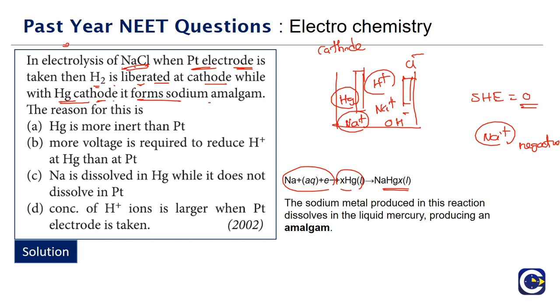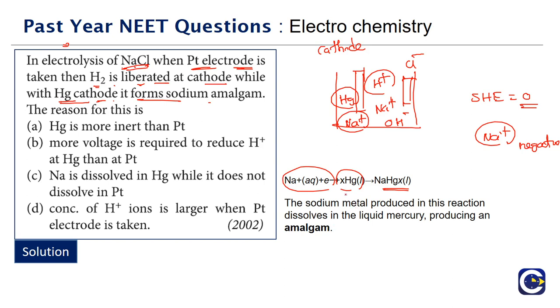Now the reason why this would happen is mainly attributed to the solubility of the sodium in mercury. Normally, if you look at the general discharging of H plus and discharging of Na plus, there is always a preference for the discharging of H plus.